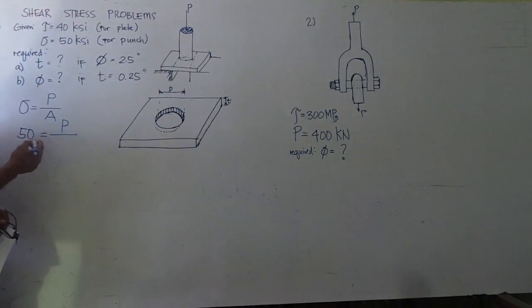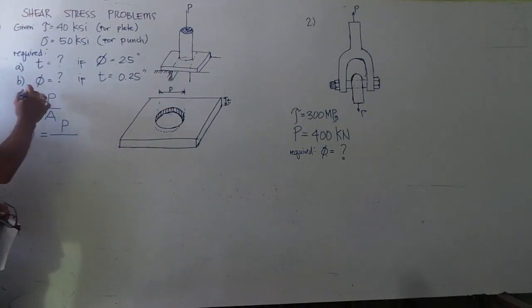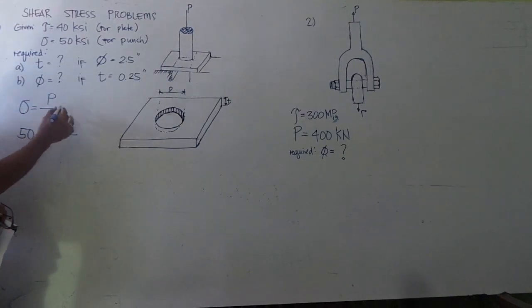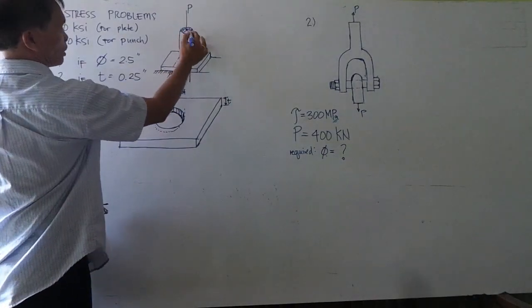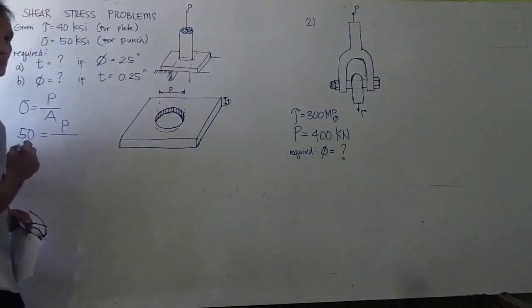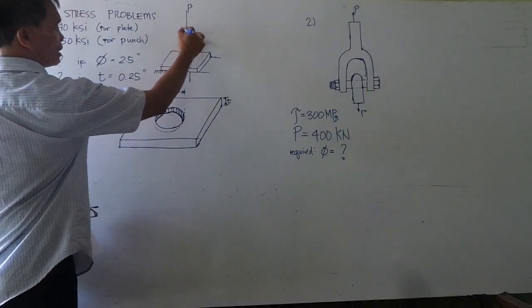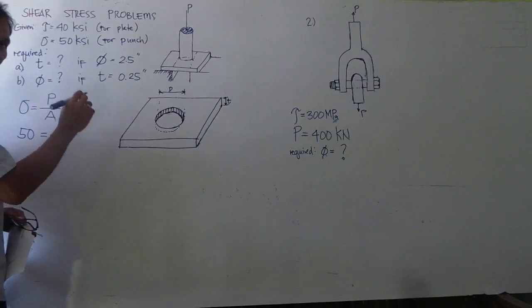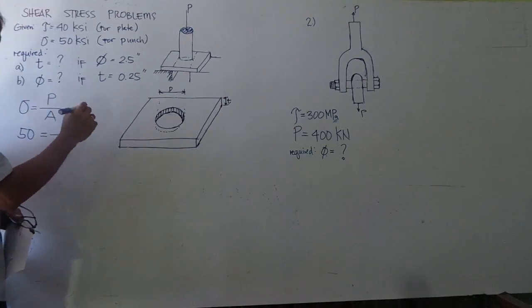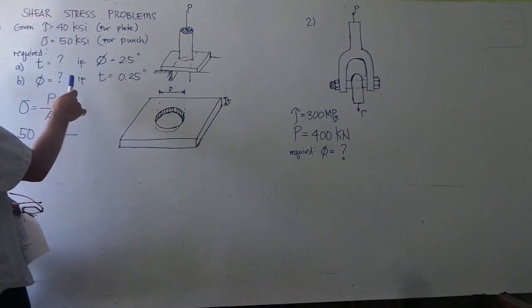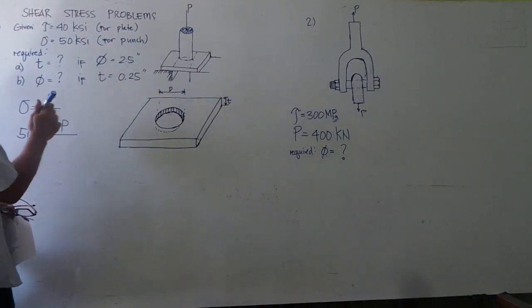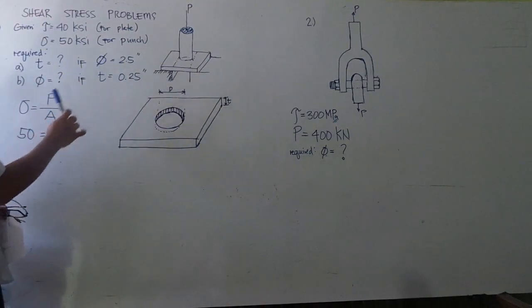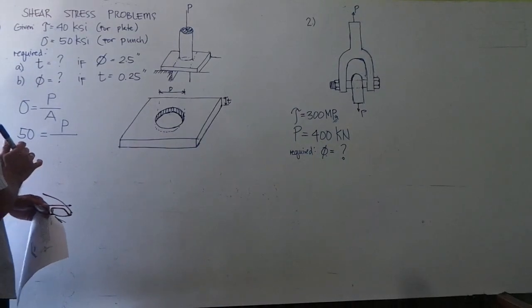Take note that in this formula for direct stress, our P is always perpendicular to the area. So this is an area of a circle. You know that the area of a circle is equal to pi over 4 times the diameter squared. The given diameter is 2.5 inches.